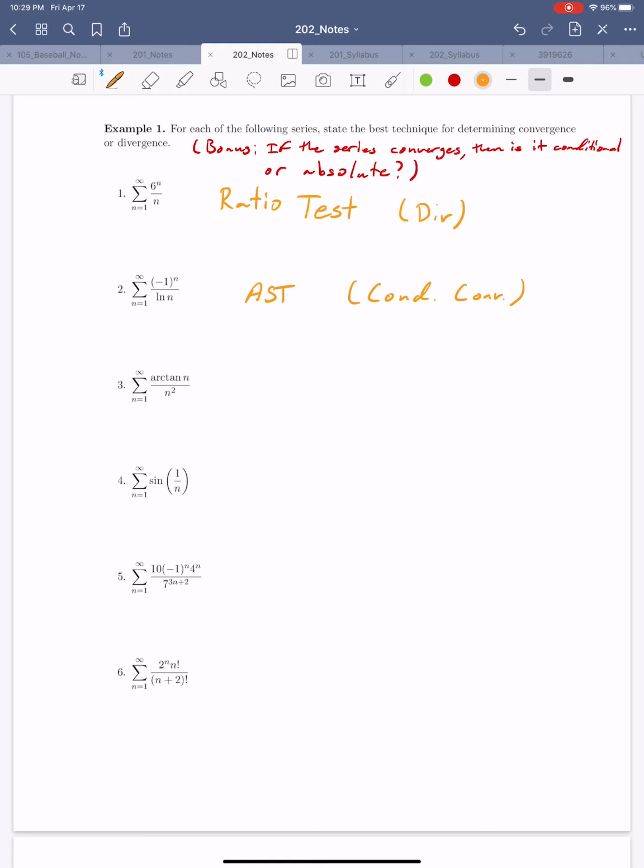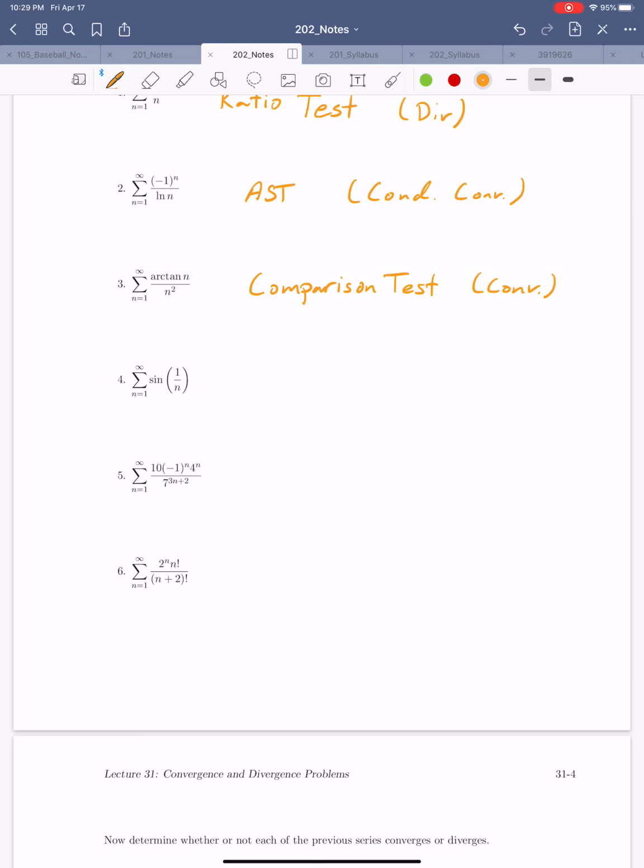Number 3 might be a little bit tricky, but use the comparison test. Remember the upper bound of arctangent, even as n approaches infinity. And that really looks to me like it ought to converge. Number 4, I remember first seeing this one. This one hung me up for a little bit. But it turns out you can use the LCT.